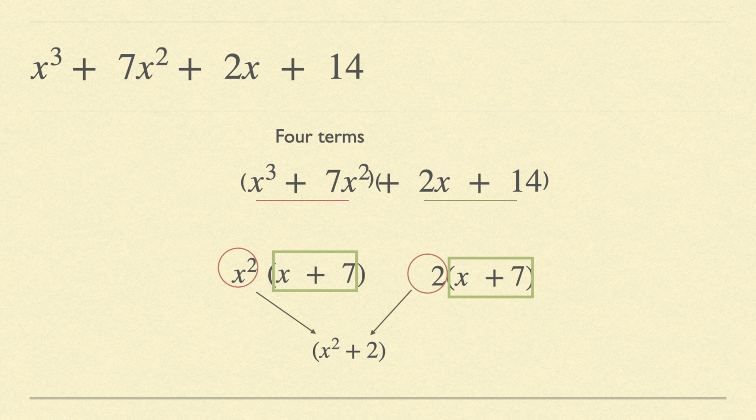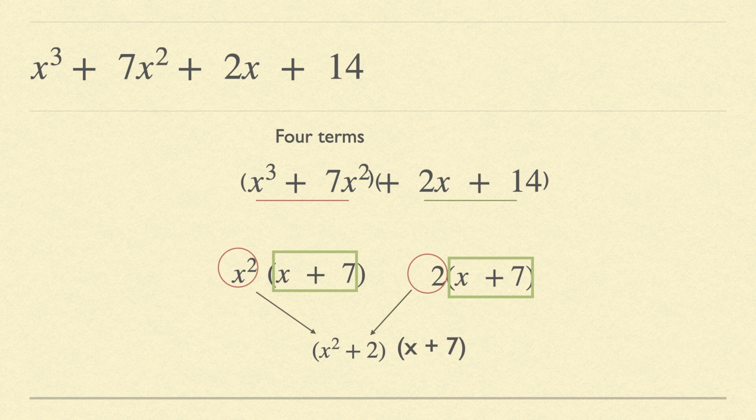They go into one binomial. Now I'm only going to write my match down one time. It's one match. So now I'm going to write down x plus 7, and there is x cubed plus 7x squared plus 2x plus 14 in factored form.